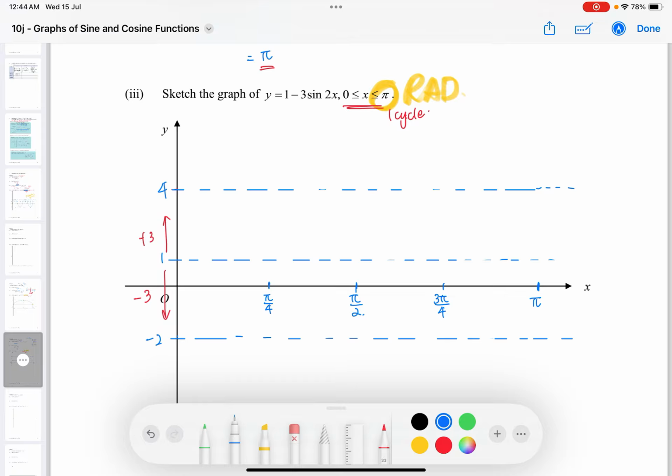And then, remember we have to go down first before we go up. Okay, so this is our starting point, followed by here, followed by here, and then up, up, and followed by here. So the graph looks like this. And this is the answer.